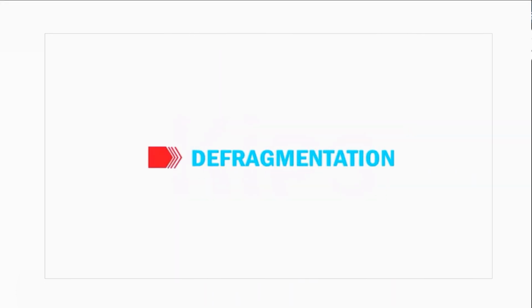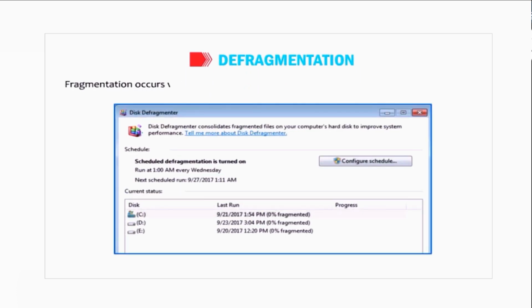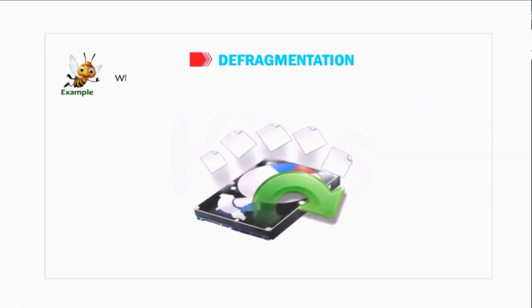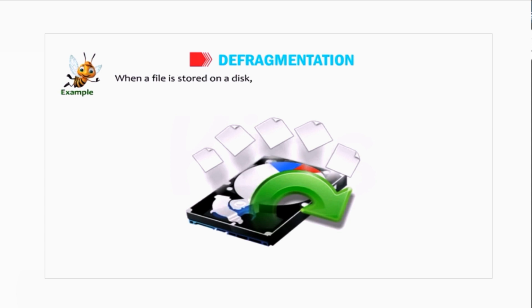Alright students, let us talk about defragmentation. Fragmentation occurs when the hard disk does not find contiguous memory to store large files. Example: when a file is stored on a disk, the operating system searches for the available free block on the disk and stores the file there.